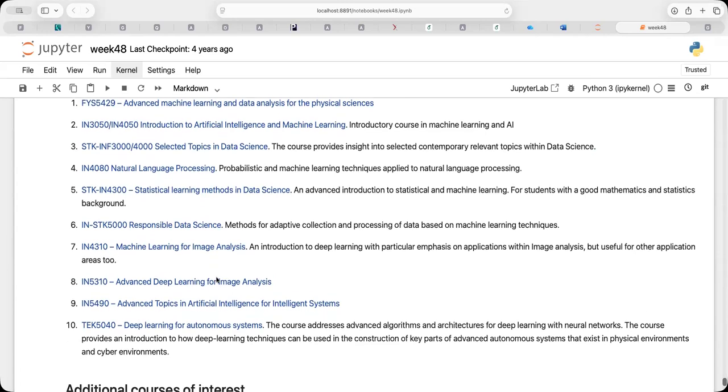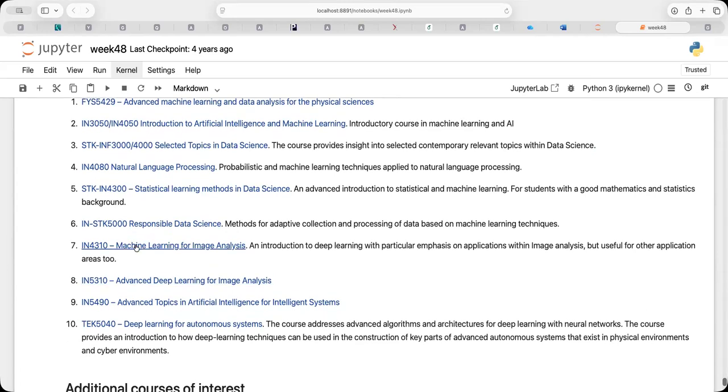And as you can see here, there are many, many other courses. This runs in the spring, and it's a very popular one, machine learning. This is for image analysis. And this focuses on convolutional neural networks, recurrent neural networks, also transformers, which are covered by other courses as well. I don't think it covers reinforcement learning. So we have had a big focus on the basics here.